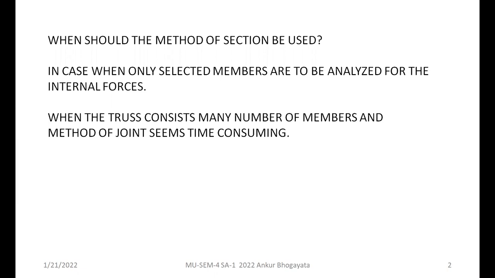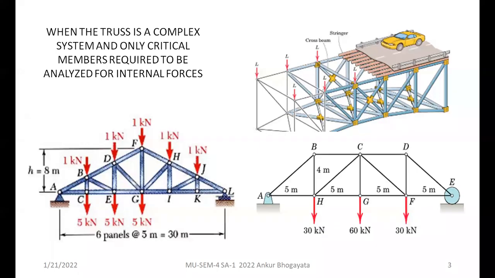So you will realize that when you have a number of members in a truss system, like here, there are a couple of examples I have selected to share with you. When you have a complex structural system in terms of trusses, you can see a bridge example, second is an industrial truss example, and third is a similar type of industrial or roofing truss.